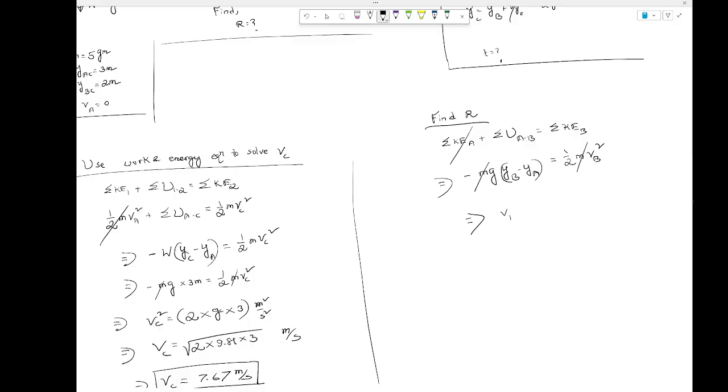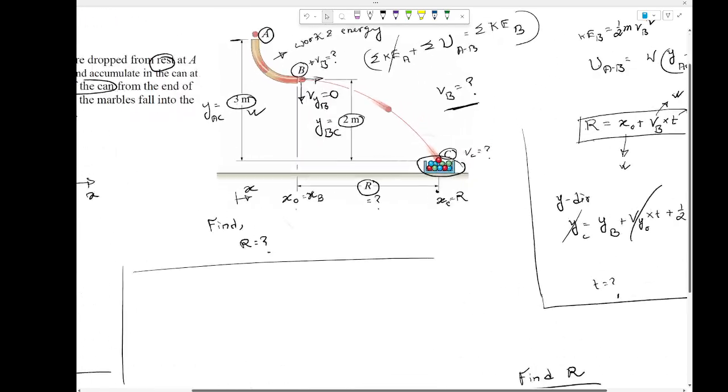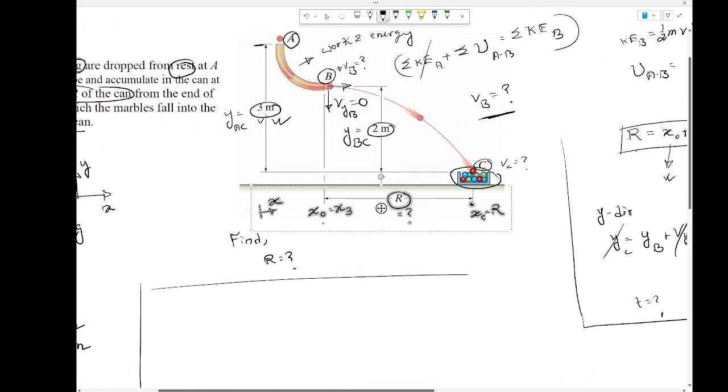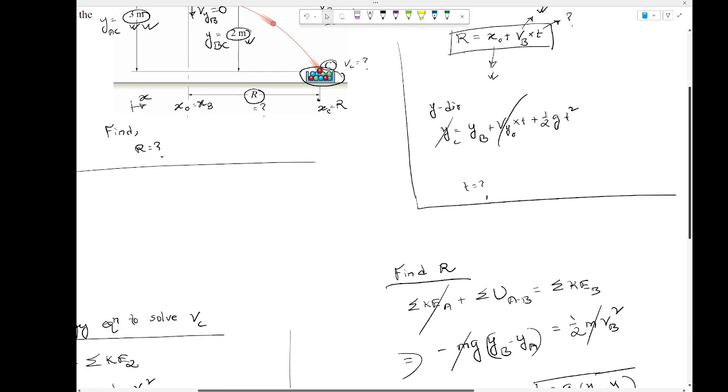And then this VB can be rewritten just the way I was explaining before, square root of 2g (YB minus YA), and you know this distance YB minus YA is 3 minus 2. Now, in case you're wondering, take a look at the sketch. So YA is 3 and this YB is 2.